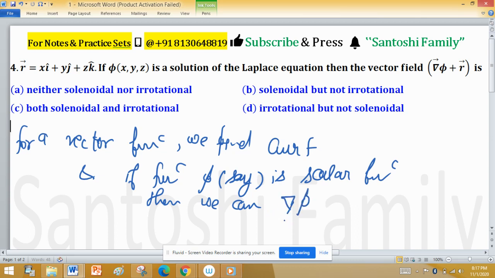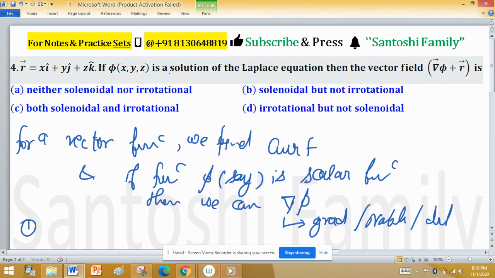This is the operator grad, nabla, or del. We use three types of terms: gradient, nabla, or del, which is a differential operator of a scalar function.